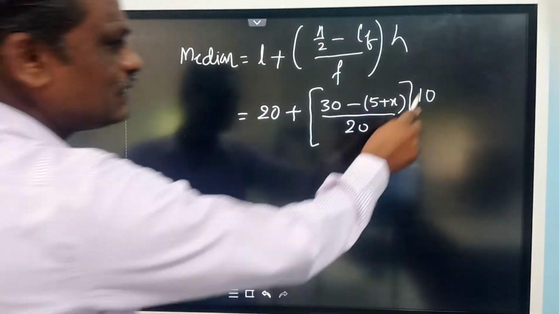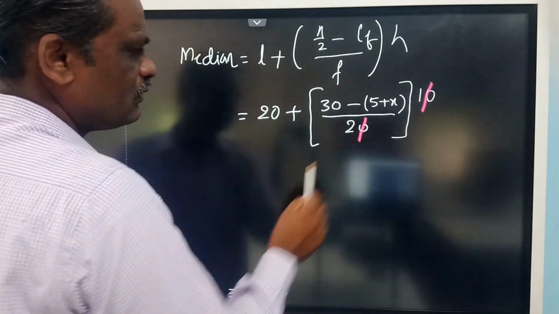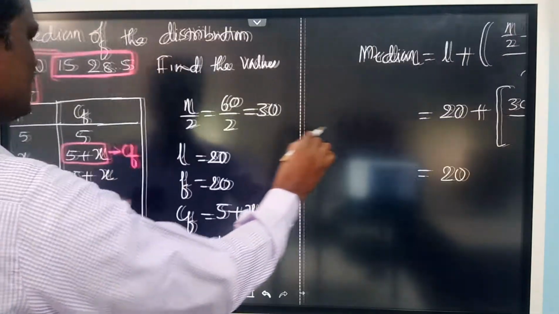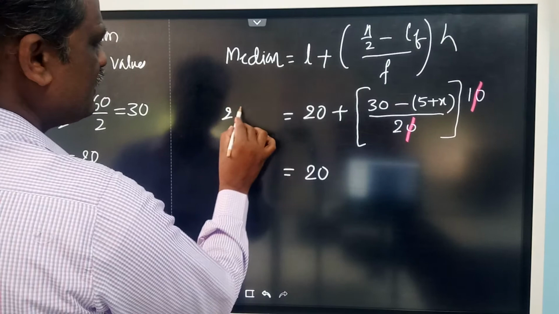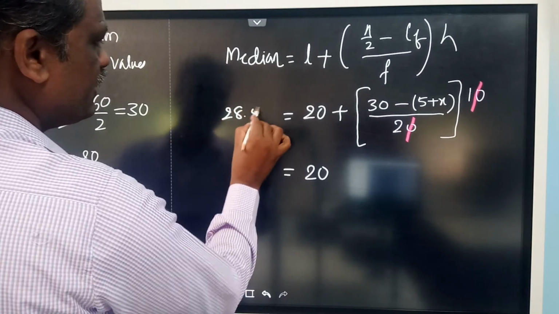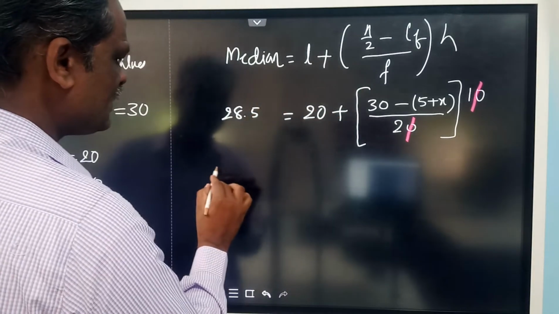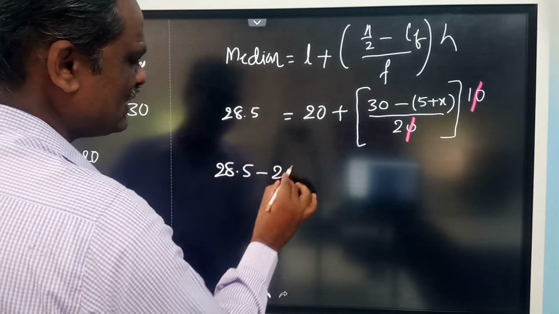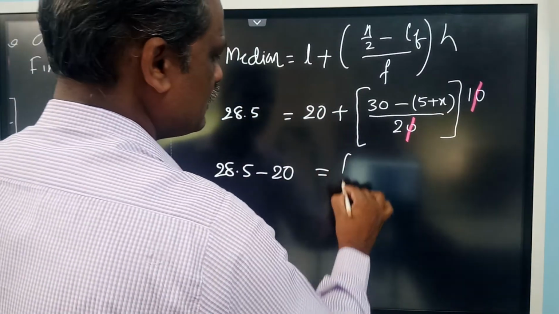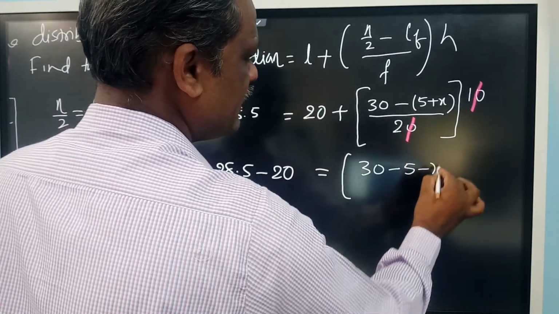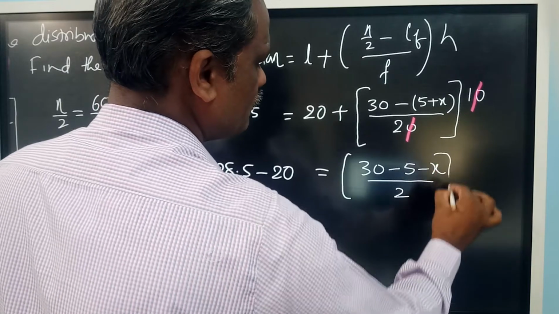Now you can cancel the 0 with the 0. Write 20 as it is, and the median is given: 28.5. Now transfer this 20 to the left side. 28.5 minus 20 is equal to 30 minus, multiplied inside, 5 plus x, divided by 2.